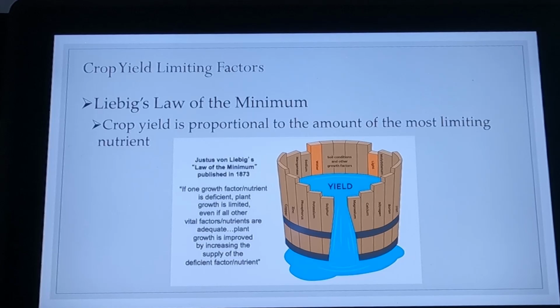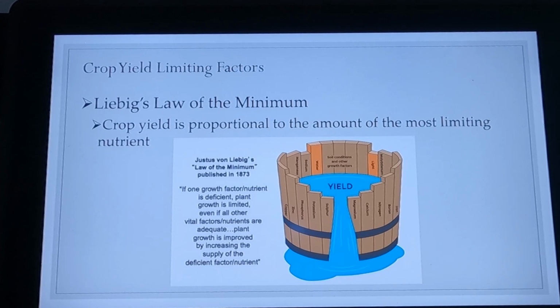Just kind of a simple concept. Back in the 1840s and 1850s, when they didn't have anything else to do, they were sitting around writing all their stuff on paper. They were conducting experiments and using the scientific method. Ultimately what this is showing is that your yield is proportional to the lowest limiting factor. At first they just thought it was nutrients.